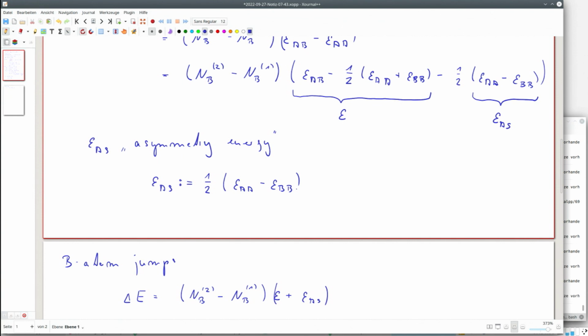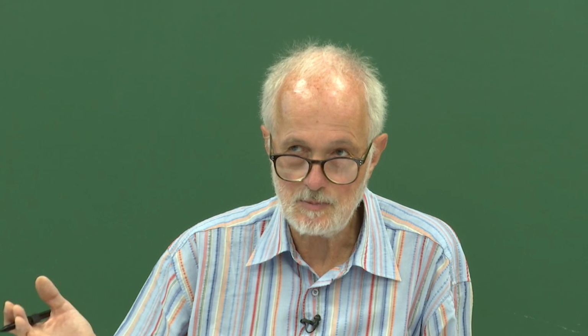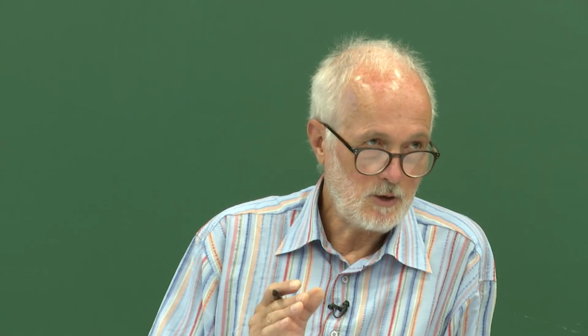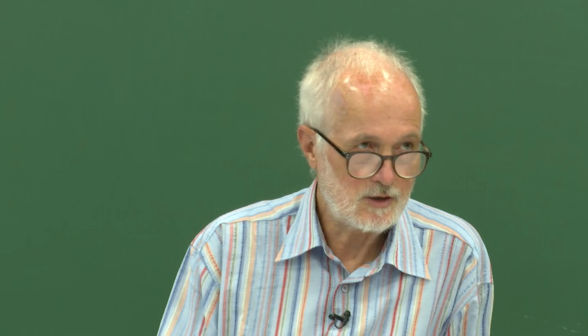And from these equations, you already see that's why I call it asymmetry energy. In one case, it adds to the epsilon. In the other case, it's subtracted from the epsilon. And this means that jumps of A atoms or of B atoms can become easier, whatever sign I choose for this asymmetry energy.